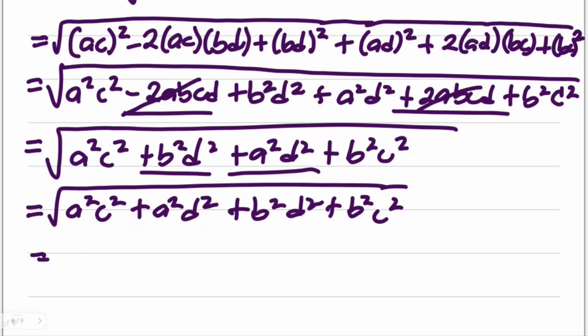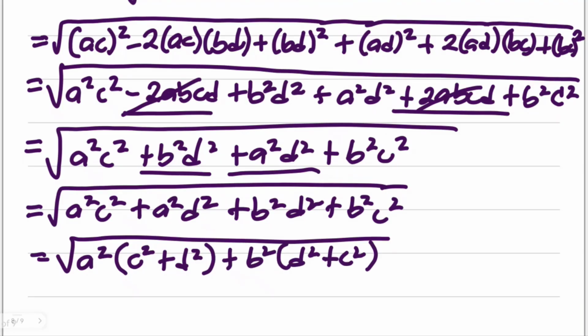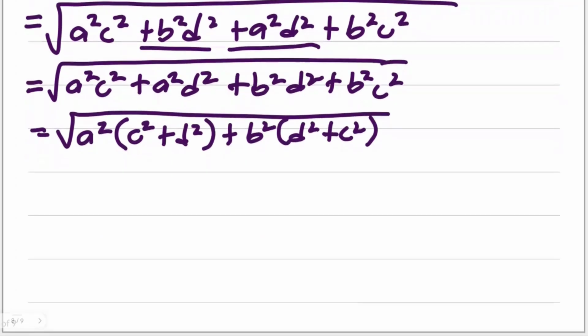As mentioned, I can now factor the common. A squared has been factored. Okay, this is actually C squared plus D squared. Then if I will factor B squared here, that's D squared plus C squared. We know that this could be interchangeable, so pardon me if I'm going to interchange them here, even if in the previous they are not interchanged.